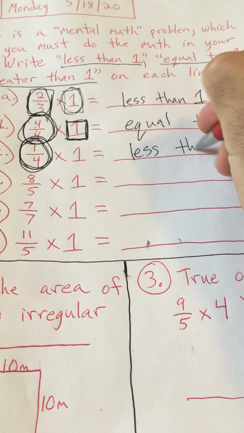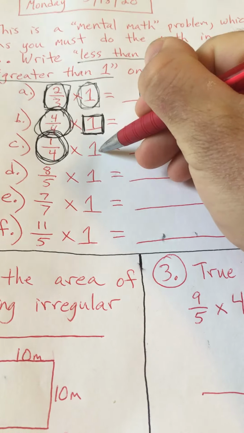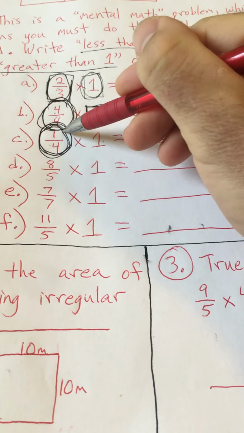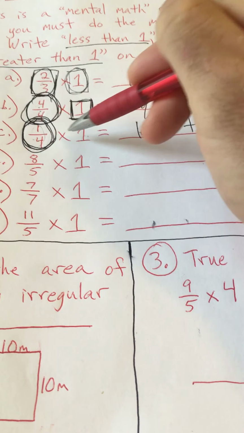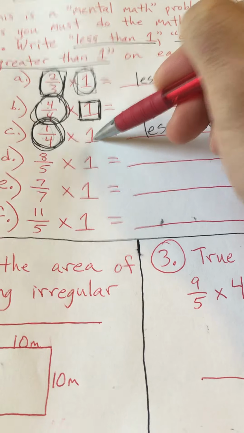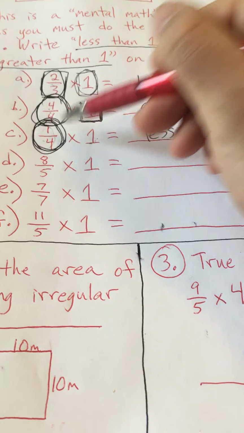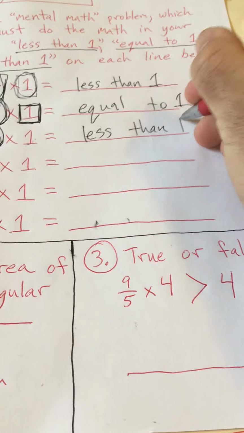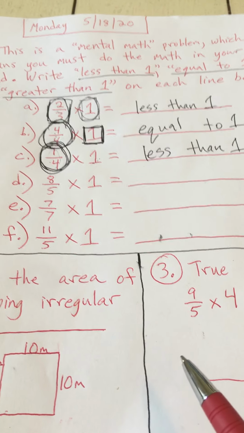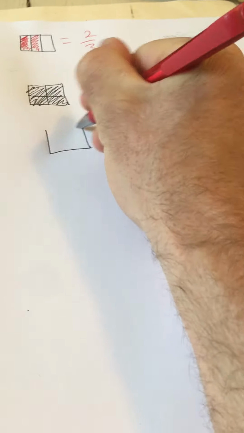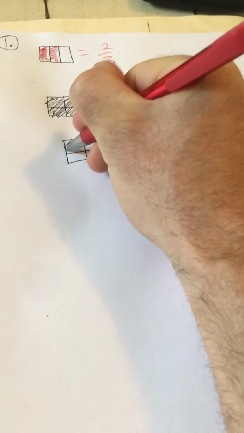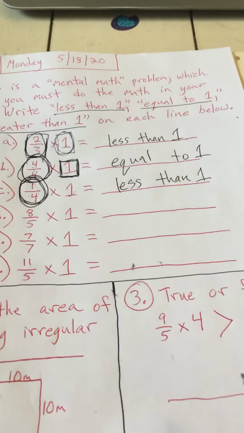But no matter what number that is, if the fraction is less than 1 and you're multiplying it times this factor, that factor is going to get smaller. So part C, 1/4 times 1 is 1/4, and that again is less than 1.